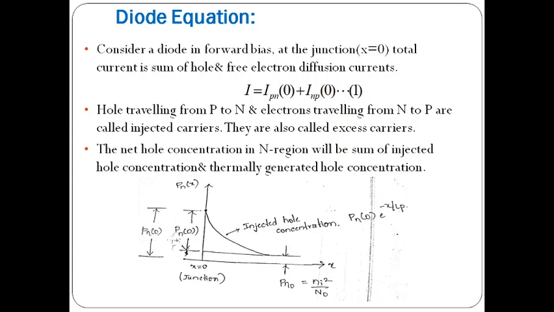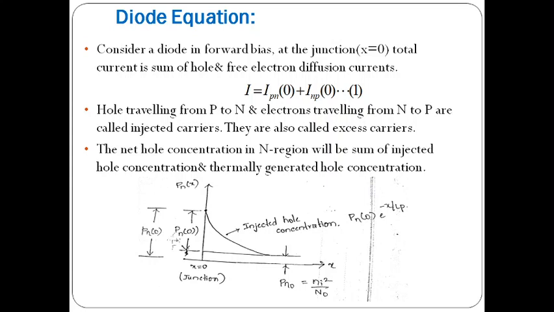The exponential decaying graph is not directly connected to the x-axis, and here I drew a straight line. The gap from the x-axis to the straight line is nothing but Pn naught, the thermally generated hole concentration.